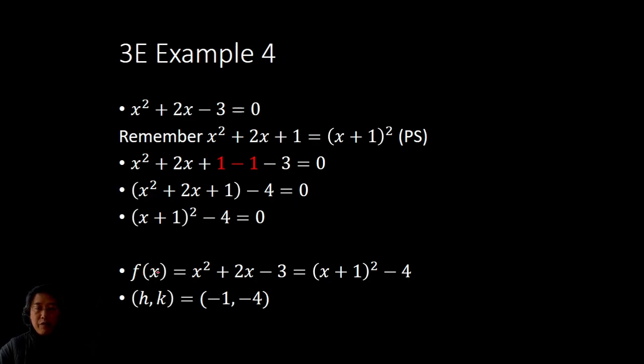So if I have the function, which is the same as the expression from that quadratic equation, we have that exact same form. And from here, we can read the coordinates of the turning point. So that will be -1 for the +1 here and -4. So the coordinates of the turning point are listed below.